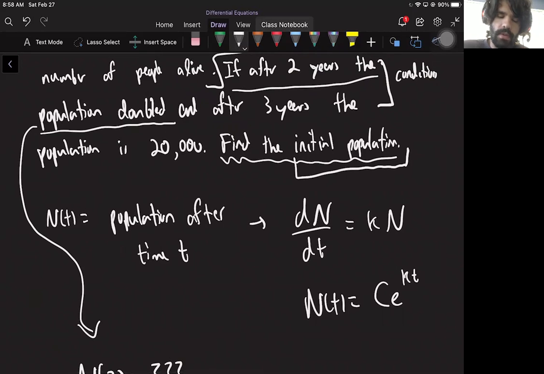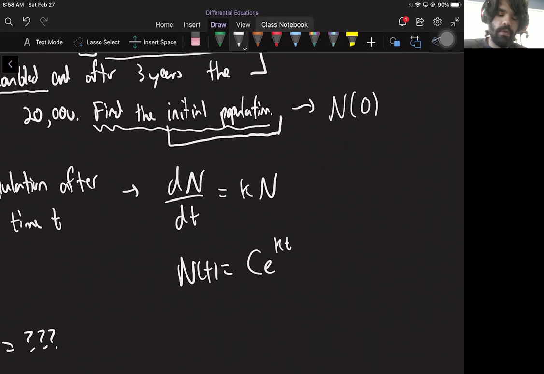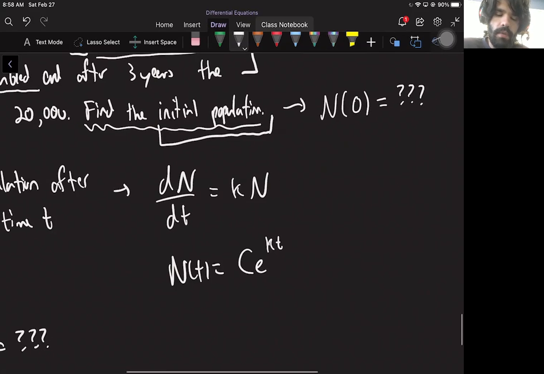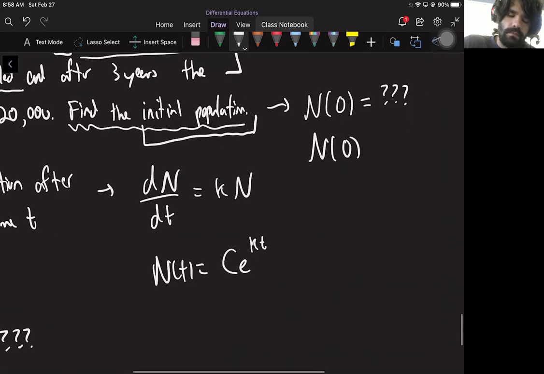So first, let's think about what that means. The initial population means what did the population start at? So when time was just beginning at 0, that's what initial population means. So at 0 time, I'm trying to figure out what that is. That's the actual question. And I can do something with that already, actually, because 0 is so nice to plug in.